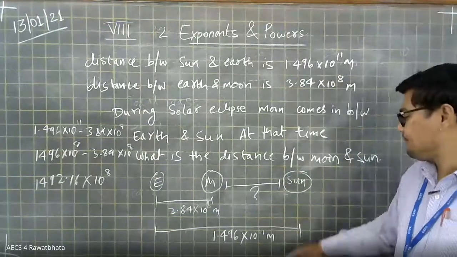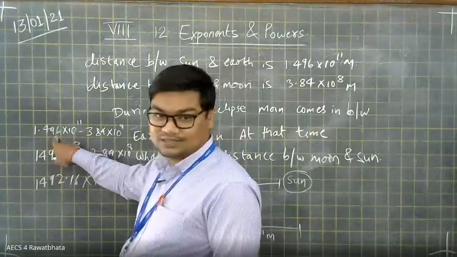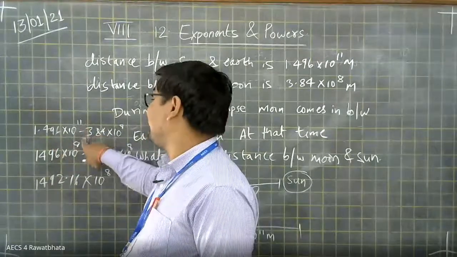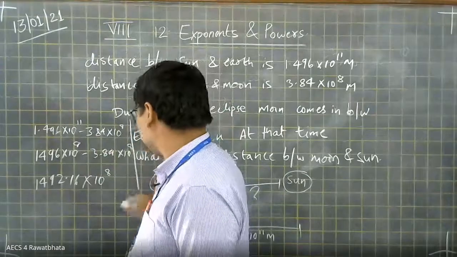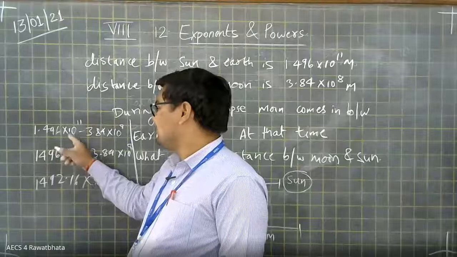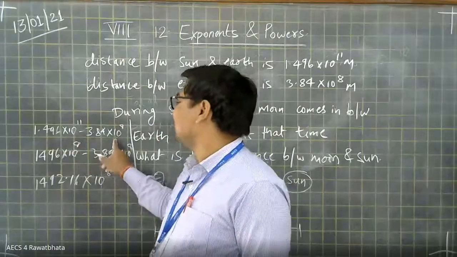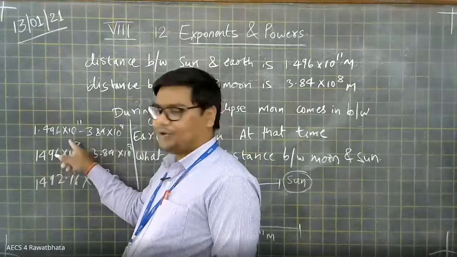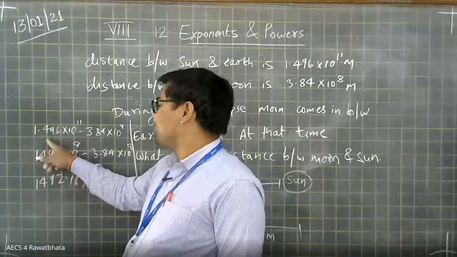Okay, Shiven. So we subtract it like this: 1.496 into 10 to the power 11 minus 3.84 into 10 to the power 8. We have to express this 10 power 11 as 10 power 8. So we remove 3 powers from here and multiply with 1.496.